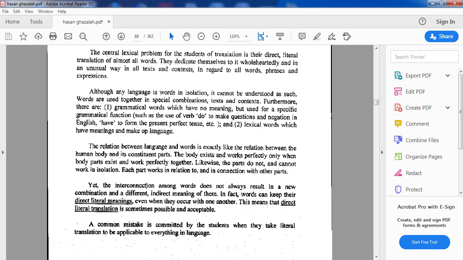So we have to accept this, but this does not apply to all the sentences in the language, as we will see later.